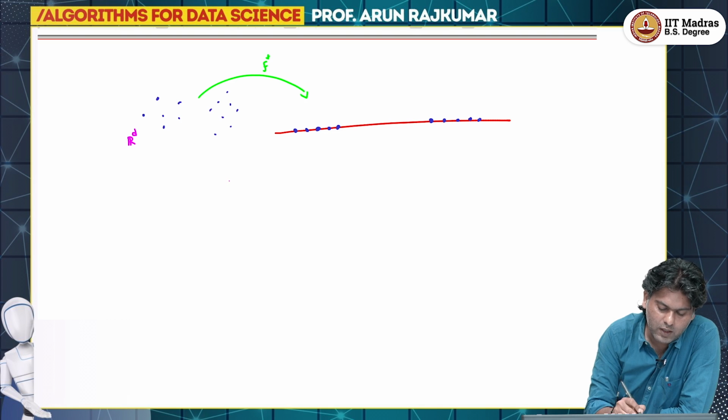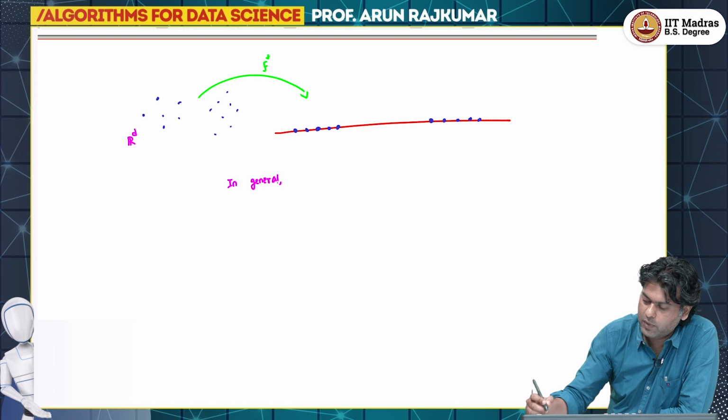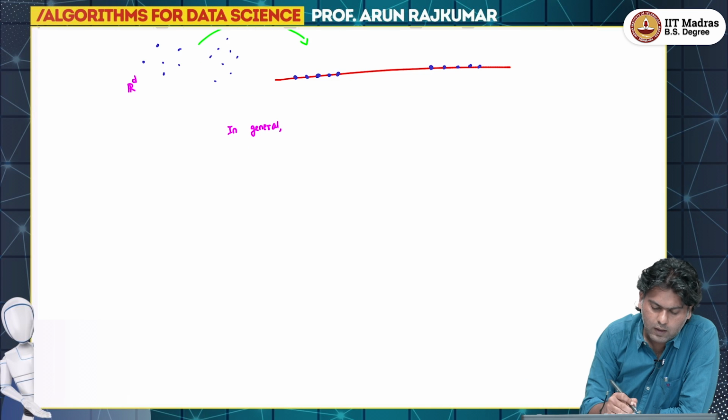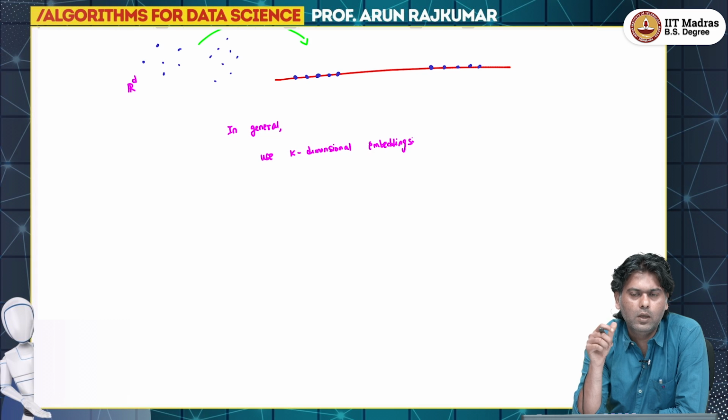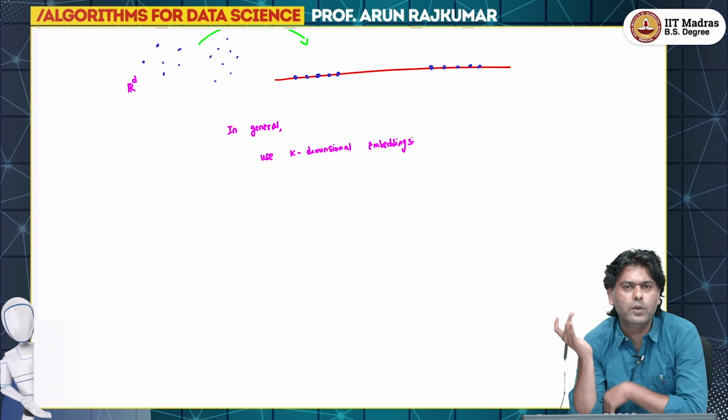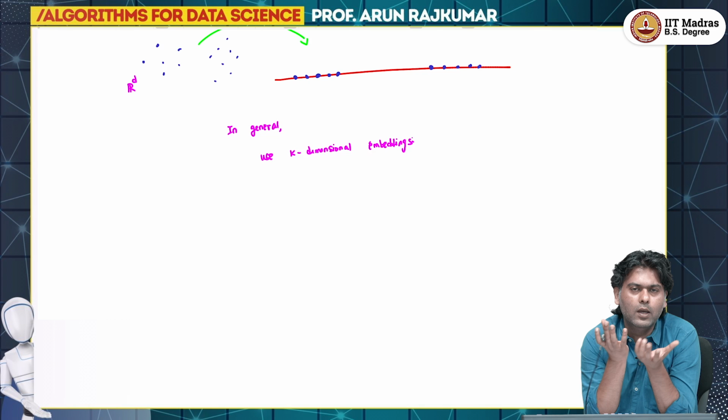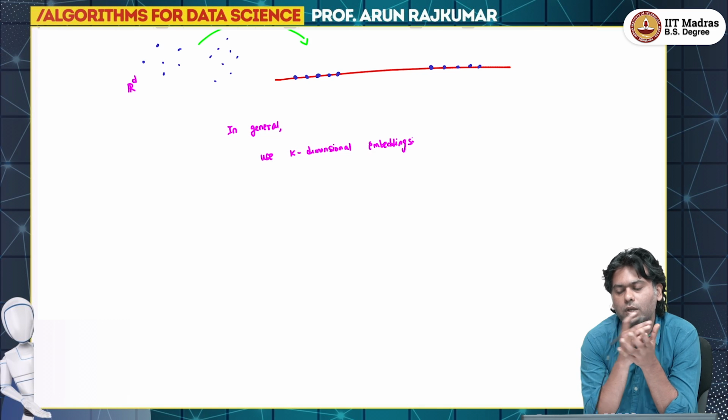In general, what is done in practice is the following: use k dimensional embeddings. Your second eigenvector of the Laplacian gives you some information. It tells you how to split the graph into 2 parts, that is, splits the data set into 2 clusters.